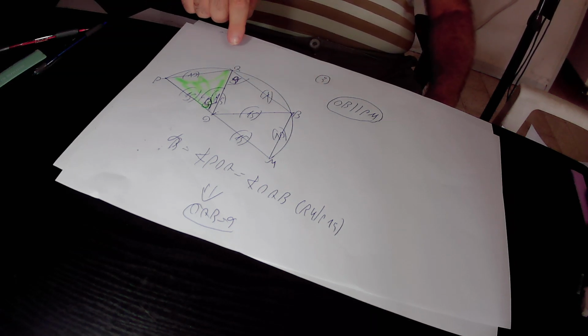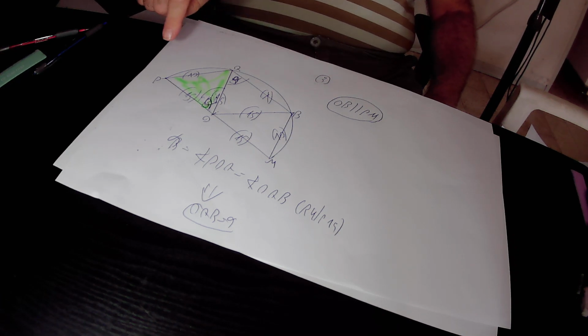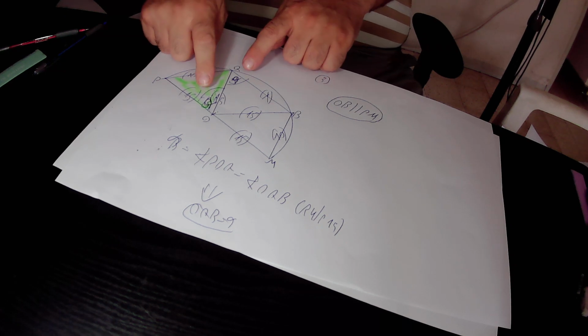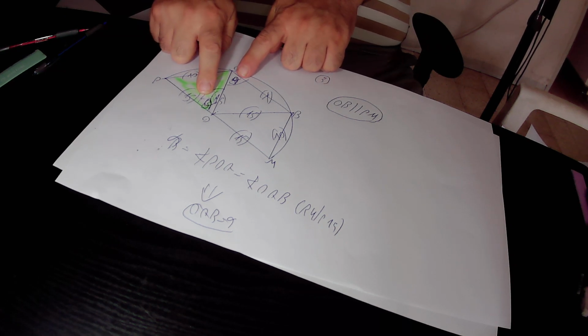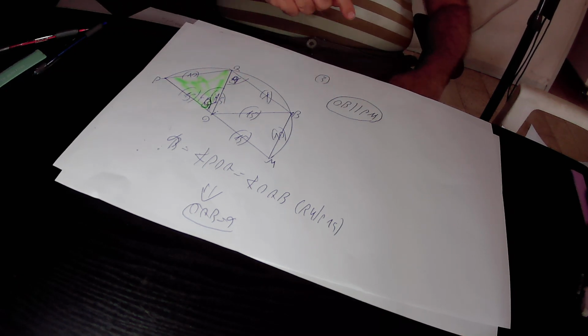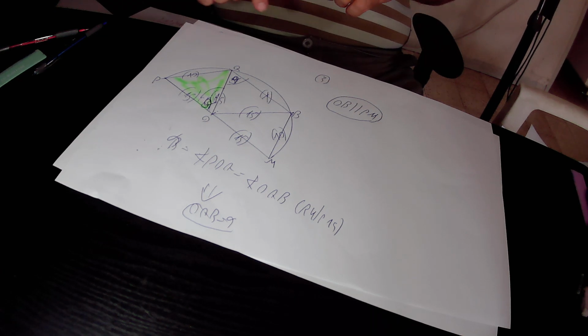Again, according to 18, side QB is parallel to side PM. Because those two angles are located between the parallel lines QB and PM, they are alternating angles.